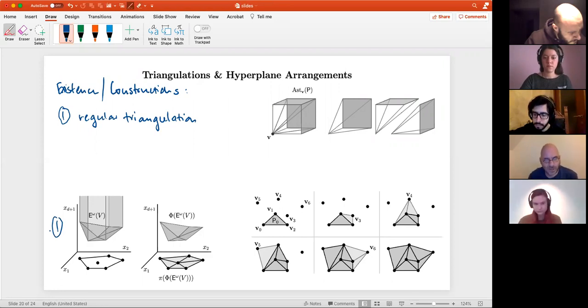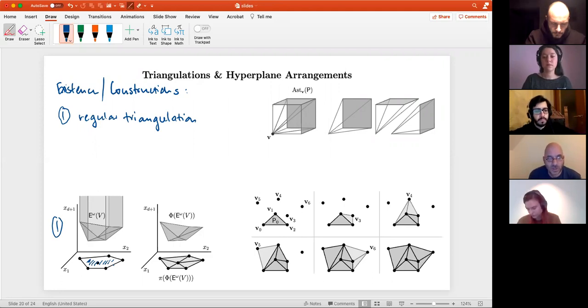So, the elevator speech about regular triangulation is as follows. I give you a polytope down here. It's the convex hull of a bunch of points. And maybe one of my points is inside the polytope, like in this case.